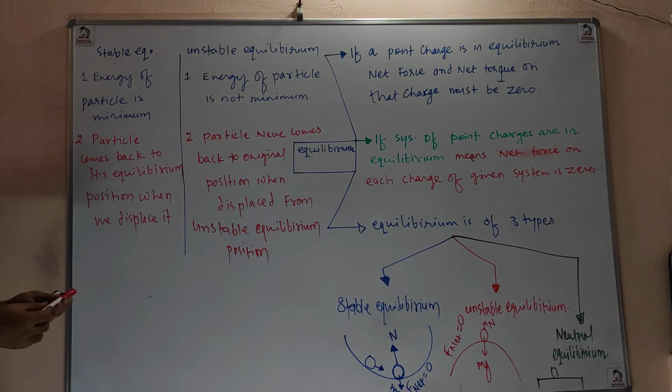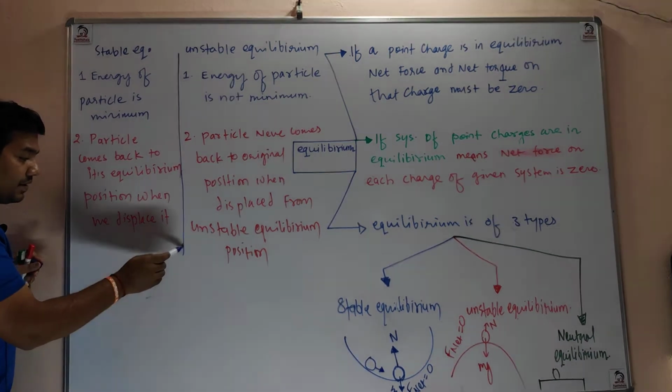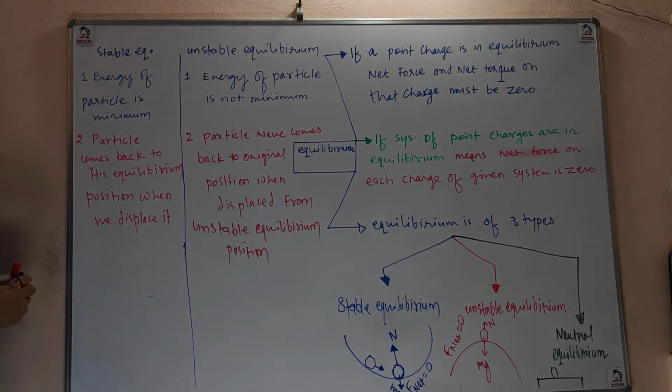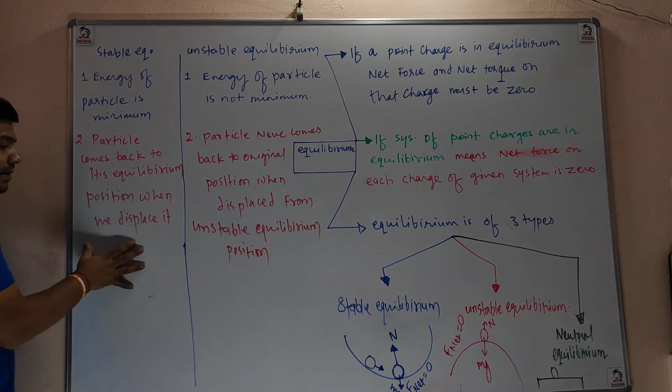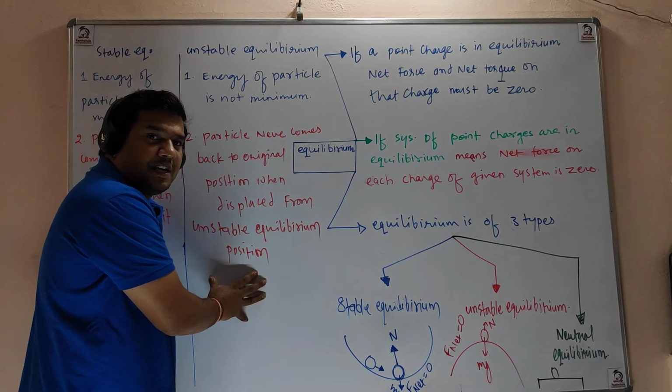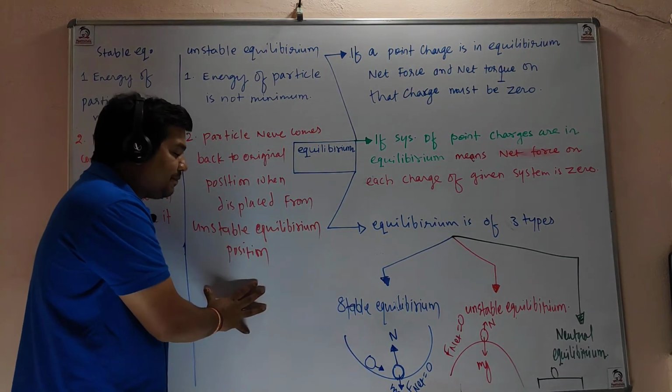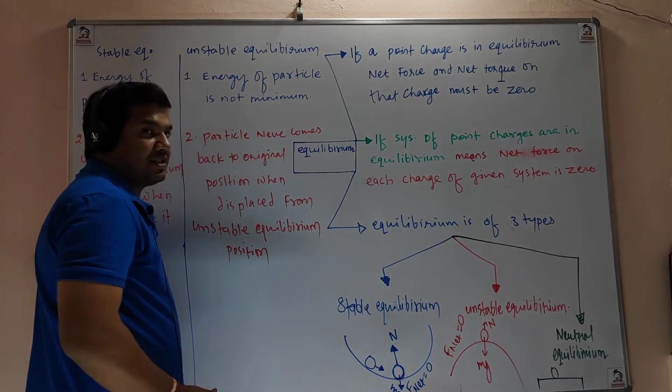One more thing, the particle may perform SHM. When you displace the particle from its stable equilibrium position, it may perform SHM, but when you displace the particle from its unstable equilibrium position, it will never perform SHM.